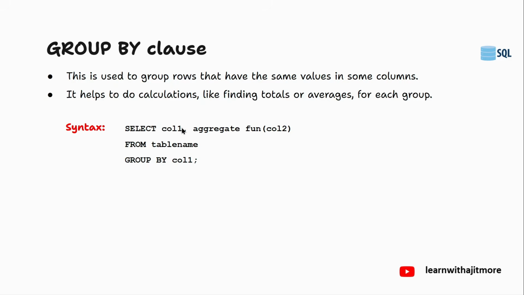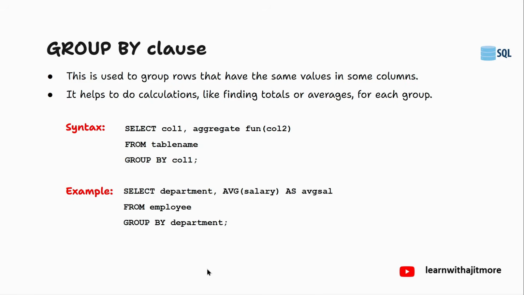So select column 1, then the aggregate function and the column on which you want to apply the aggregate, from table, group by column 1. And remember, multi-column grouping is also possible.